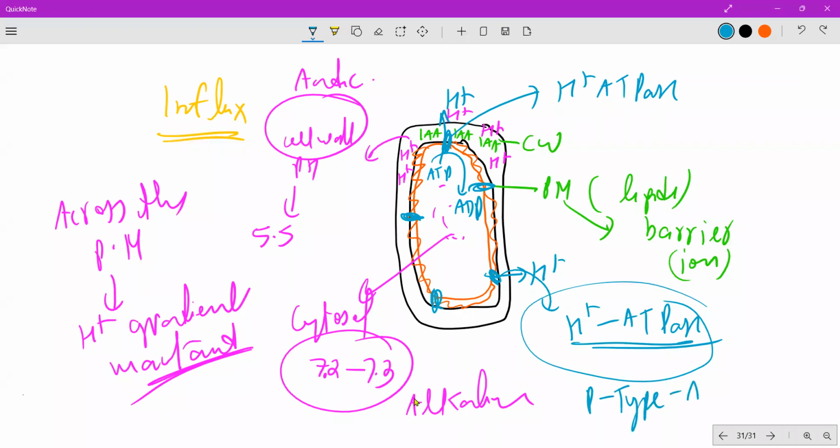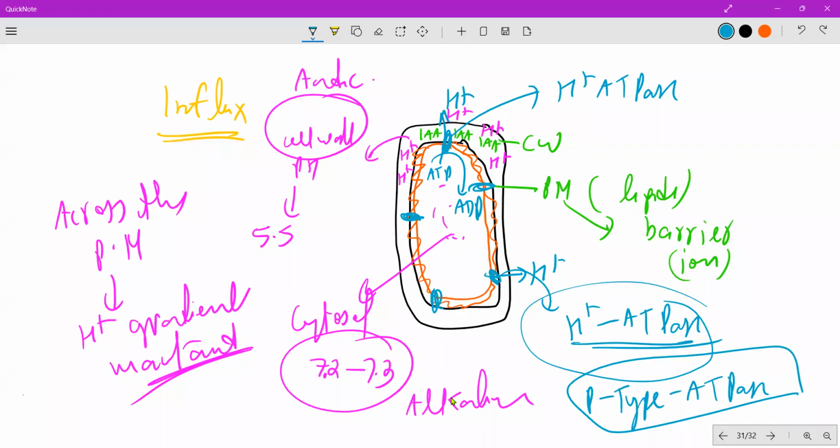Is this clear? Am I clear with this? Okay. So it is the P-type ATPases which are involved in maintaining a proton gradient across the plasma membrane. And that is why the cell wall becomes acidic.